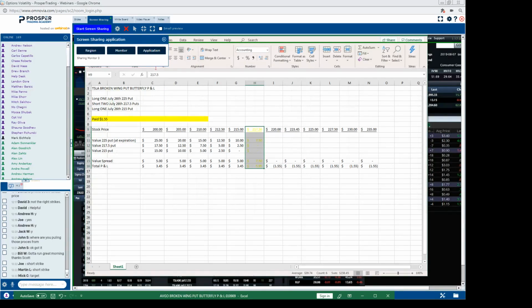Whoops, didn't mean to do that. Hang on. It was supposed to be that. And then that. That's our max P&L. That is our max P&L. Right at the short strike.